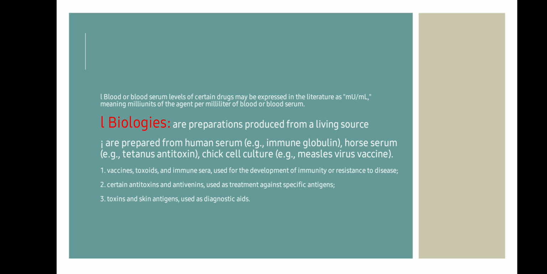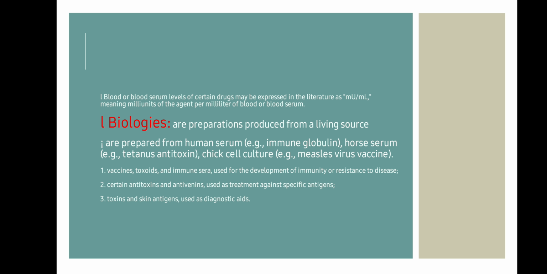Blood or blood serum levels of certain drugs may be expressed in literature as MU per ml, meaning milliunits of agents per milliliters of blood or blood serum. For biologics natin, preparation produced from a living source are prepared from human serum, horse serum, or chick cell culture.